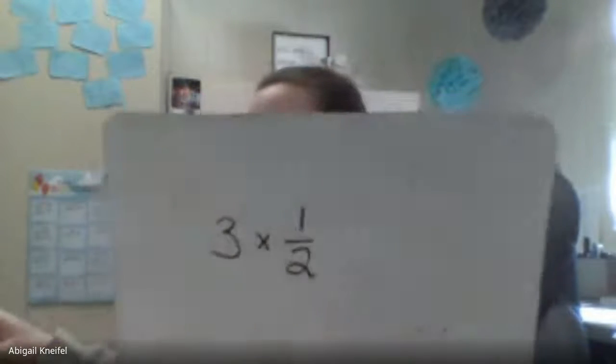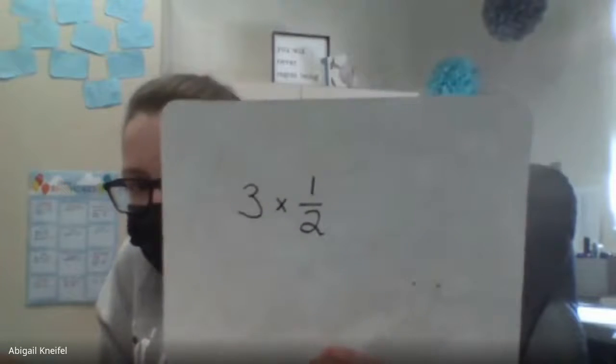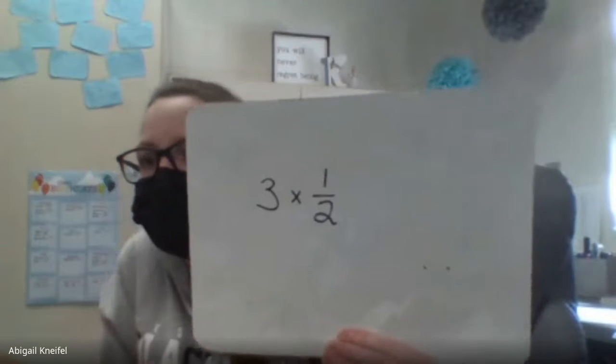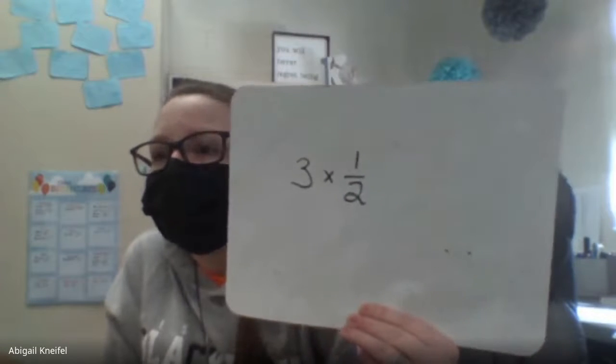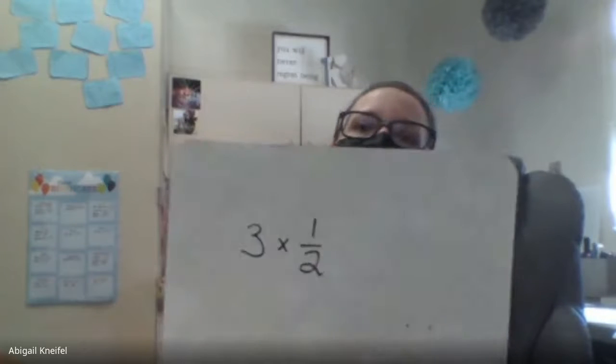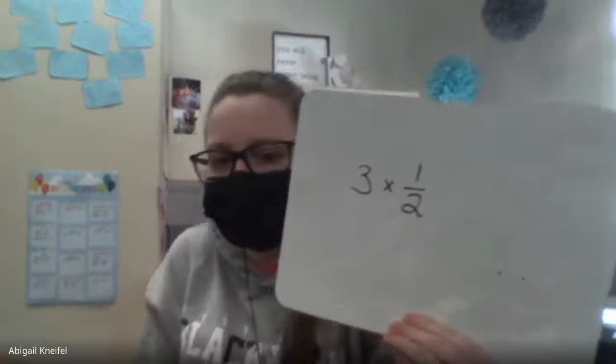How about you try this one out? 3 times 1/2. Give that one a try. 3 times 1/2. And remember, I want to see your work. Nolan, is that you making that noise? Let's stop it.